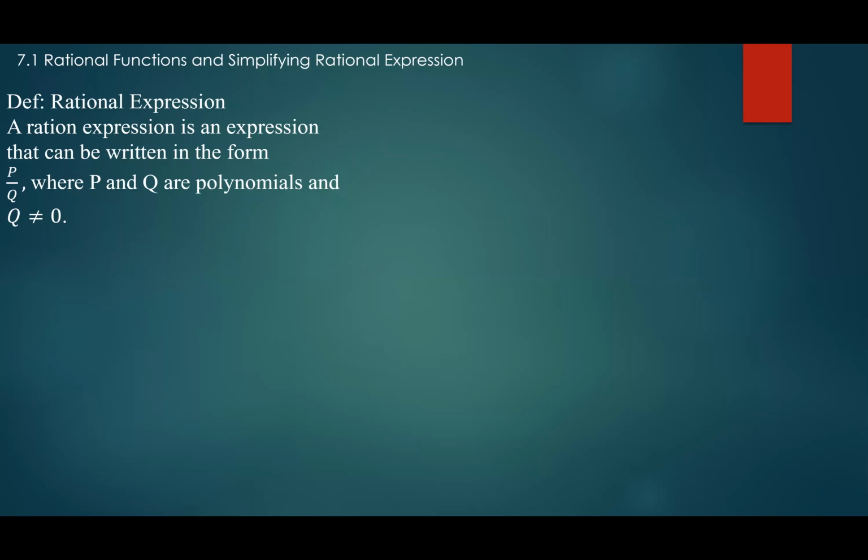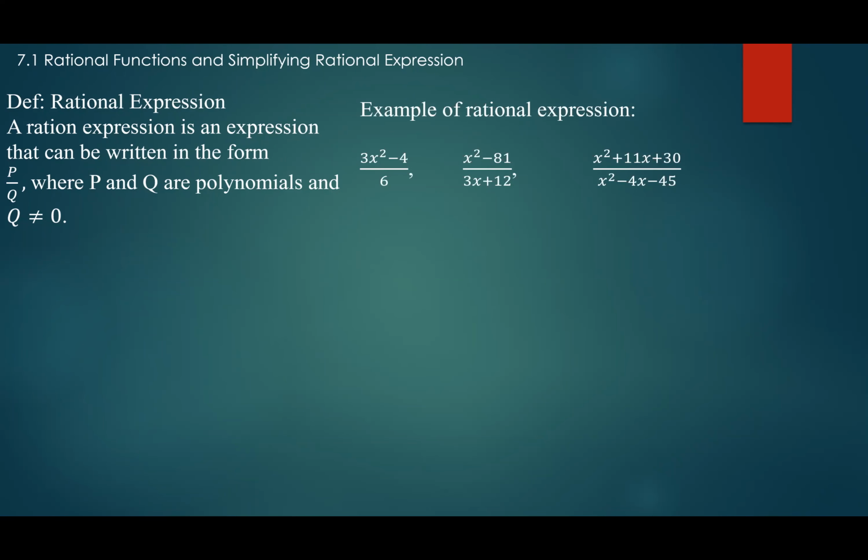So the examples of rational expressions are something like 3x squared minus 4 over 6, or x squared minus 81 over 3x plus 12, or x squared plus 11x plus 30 over x squared minus 4x minus 45. Those are your rational expression items.